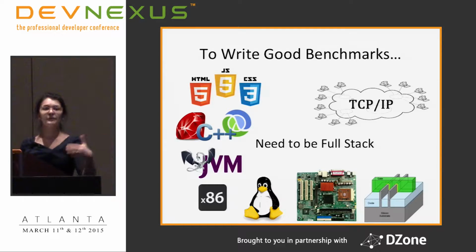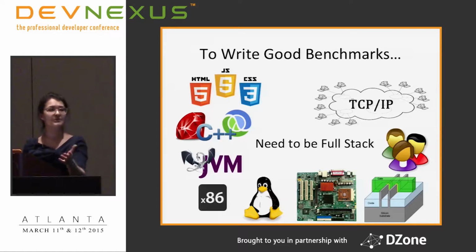And let's not forget about the network layer and our users. How our users are utilizing our applications, what code paths they take, is incredibly important before we set up benchmarks.